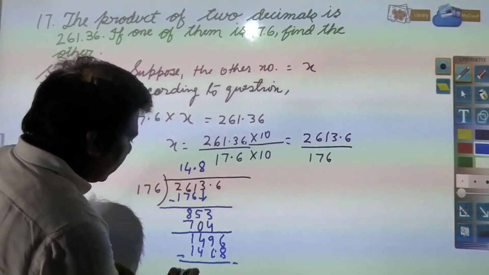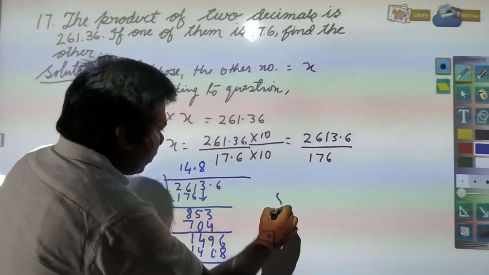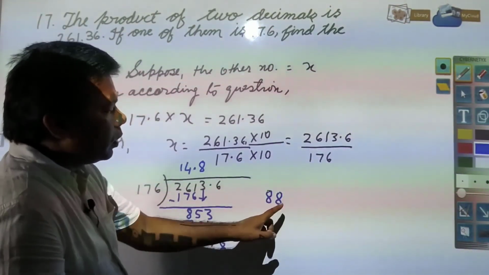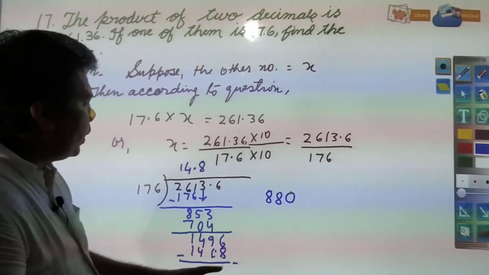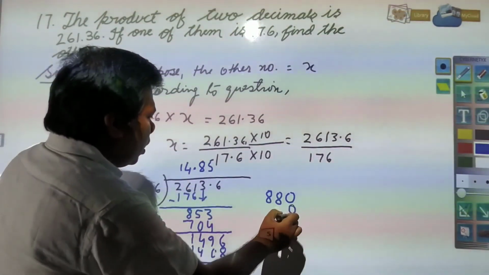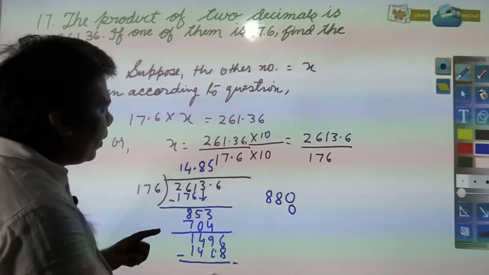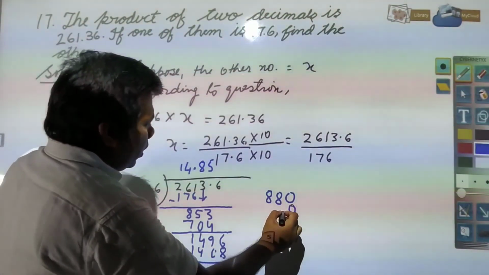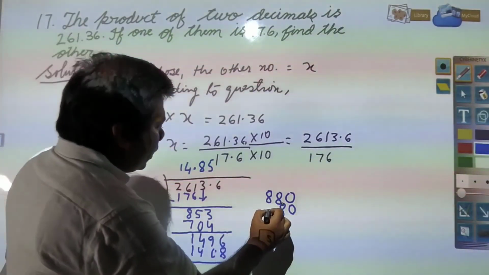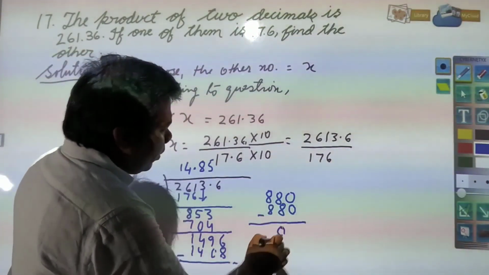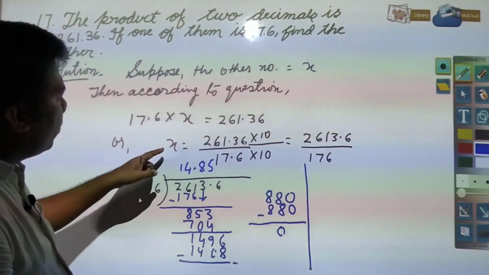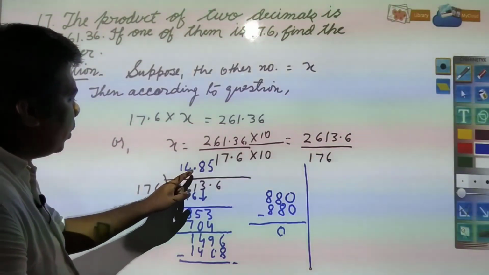If you are subtracting, what you will get? 16 minus 8 is equal to 8, and here you will have 8, and then you put 0, and now you see how many times it will go? 5 times. 5 6 ja 30, 5 7 ja 35, and 3 38, 5 1 ja 5, and 3 8. So if you are subtracting, you will get 0. So now the other number x you had assumed, you have got 14.85.